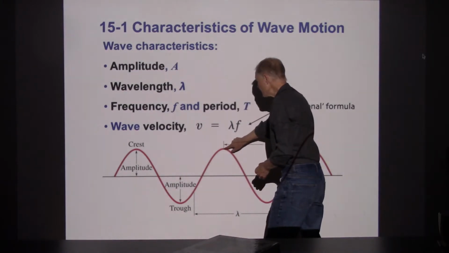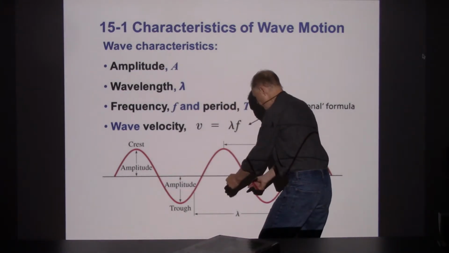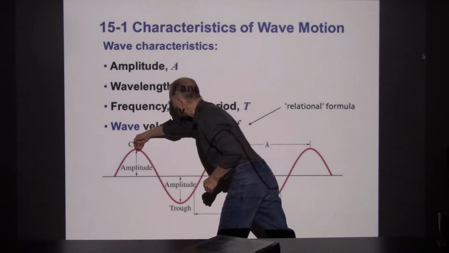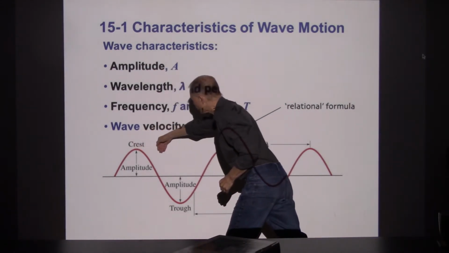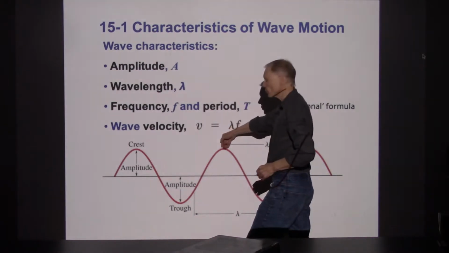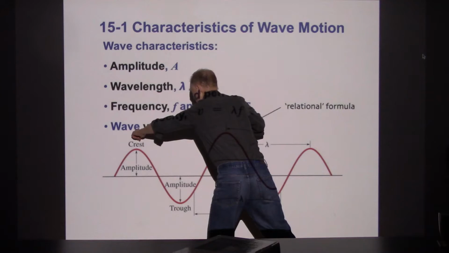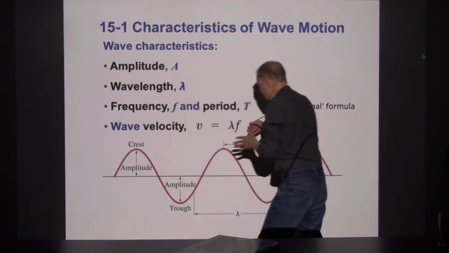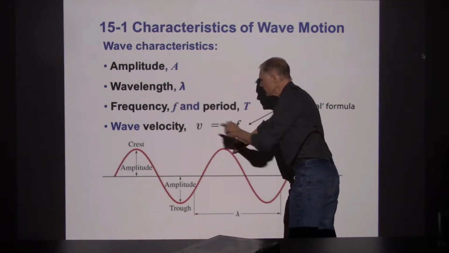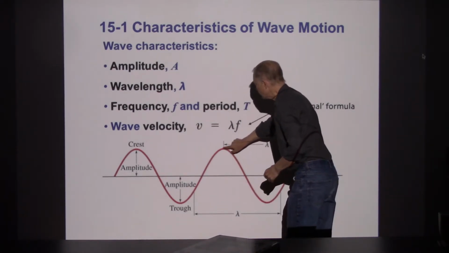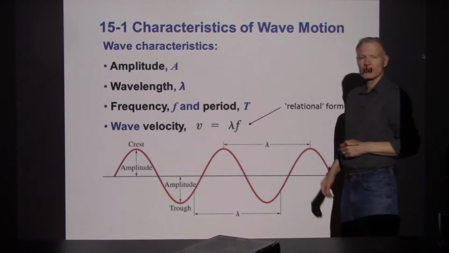Now, by the time it has oscillated through one complete cycle, one period, that means that the next crest has reached this location. So this one cycle within the wave, as it passes by this one point, is telling us that this part of the medium will oscillate down and back up. It will complete one cycle.